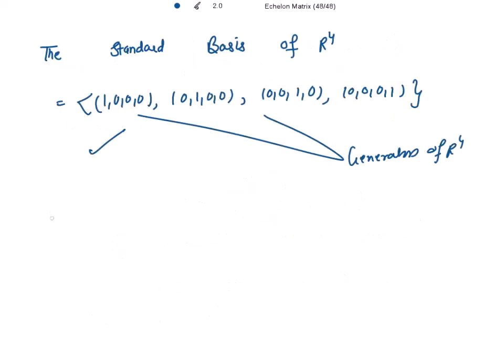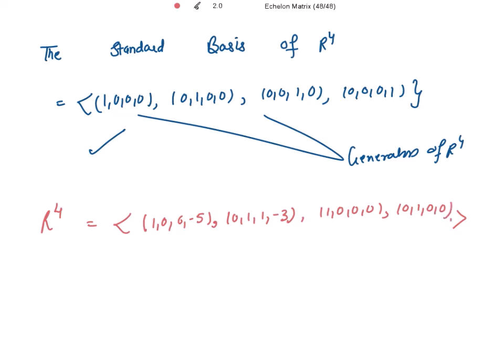So R4 is generated by the vectors 1 0 6 -5 and then 0 1 1 -3 and then 1 0 0 0 and then 0 1 0 0, also 0 0 1 0 and at last 0 0 0 1. So these are the generators of R4, or R4 is generated by all these 6 vectors.